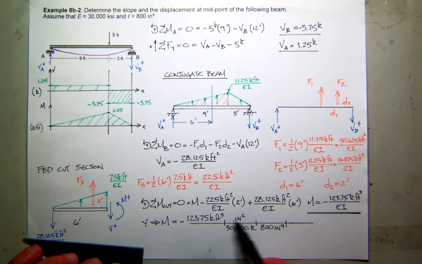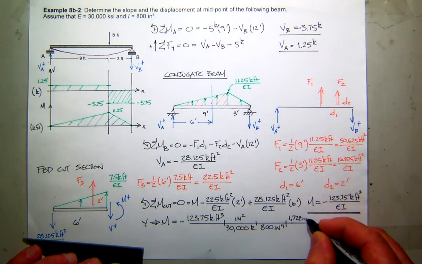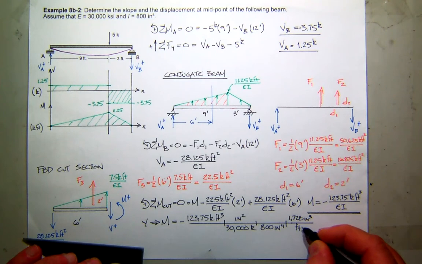Now I've got inches and I've got feet, so I need to do a conversion. So 12 cubed is 1728, so there's 12 cubed inches in a cubic foot. What's that? It looks like it's going to be pretty small.